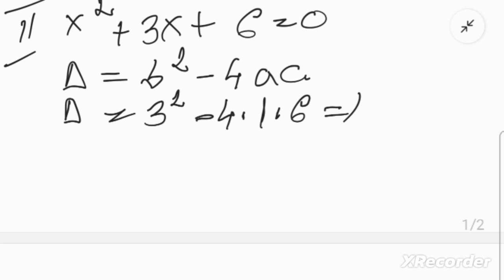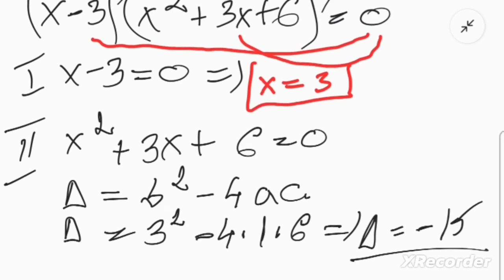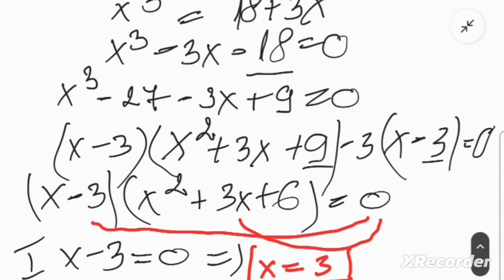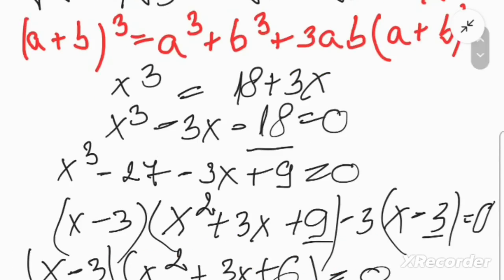It results that our discriminant equals minus 15. Because it's a negative number, we have our solution x equals 3.